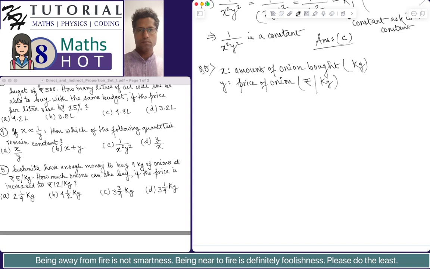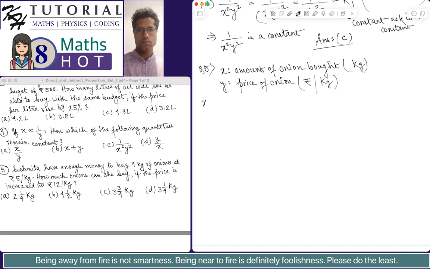Okay, so we can clearly now say that if you have a fixed amount of money to purchase some onion, then obviously you can purchase less onion if the price of the onion increases, and you can purchase more onion if the price decreases.